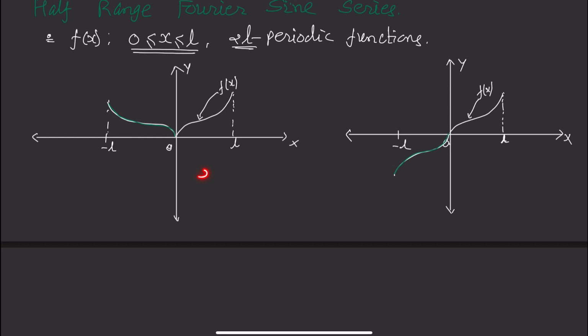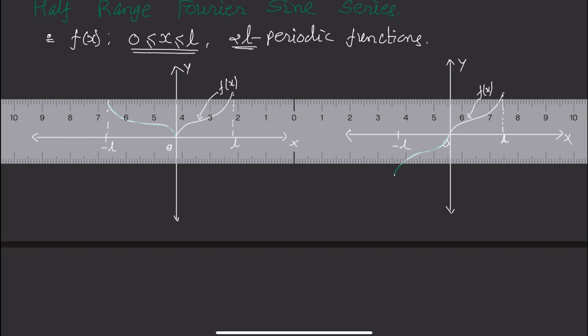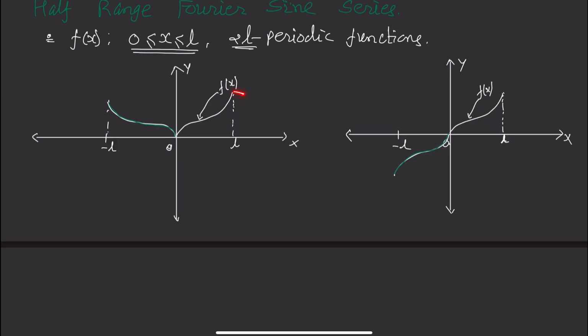So this is the case for even f of x, and this is the case for odd f of x. And these are 2L periodic functions. So the same portion, this portion will be repeated to the left hand side and right hand side, and this portion will be repeated to the left side and right side. Clear?